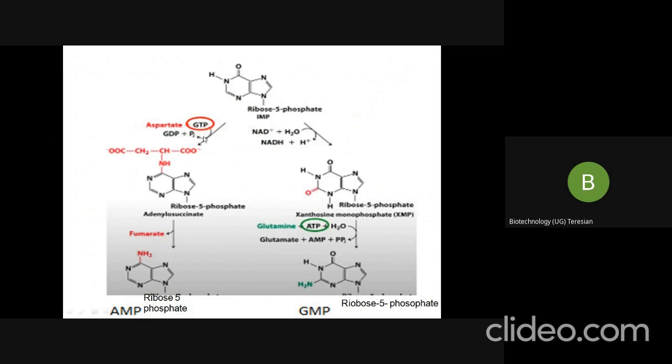That is, your GTP is utilized to form this adenylosuccinate. So your ribose 5-phosphate requires aspartate, the complete aspartate is added, and it also requires the GTP.